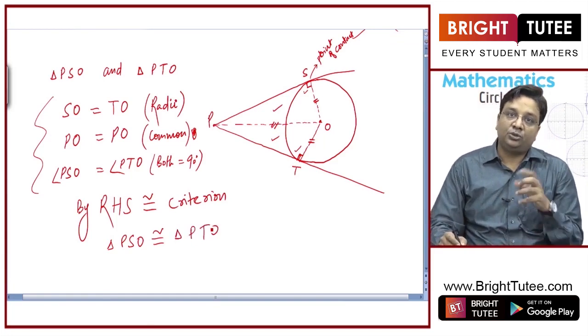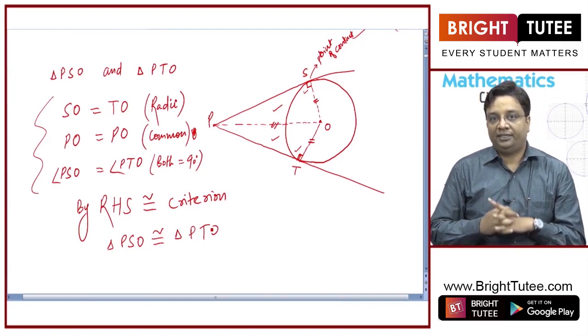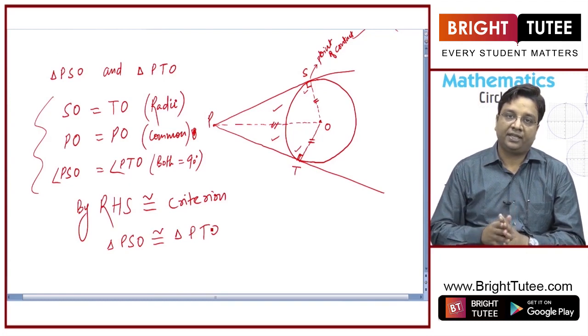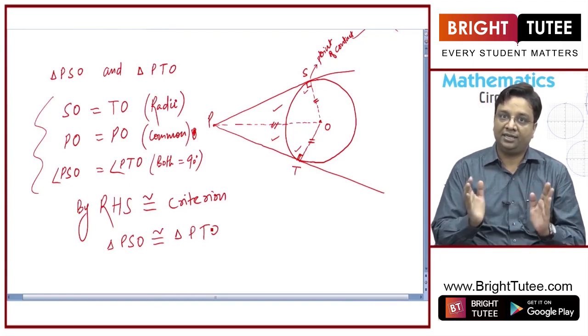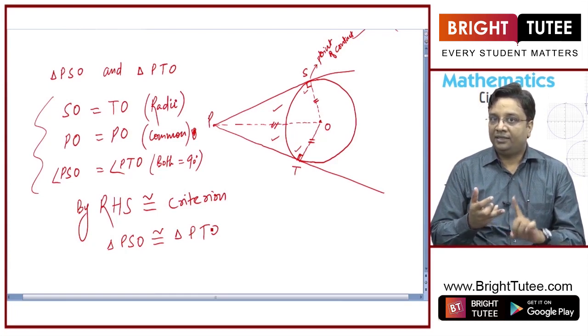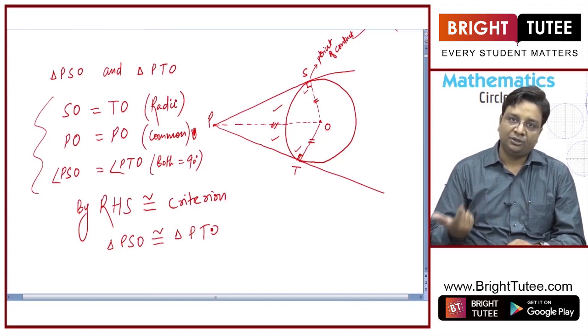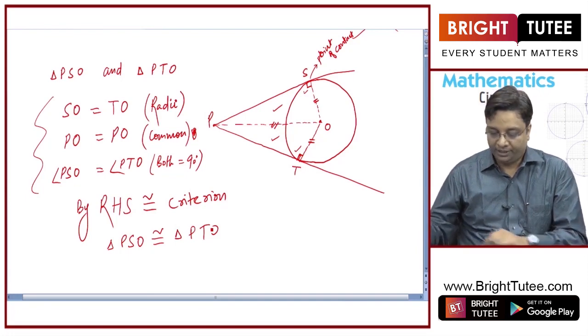These two triangles are congruent because of the RHS congruency criterion, which you studied in class 9th, that if two triangles have their hypotenuse equal, the right angles obviously are there, and one of the sides is equal, then we can say by RHS congruency these two triangles are congruent.